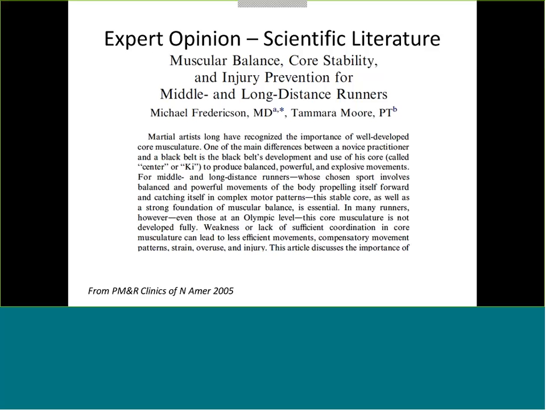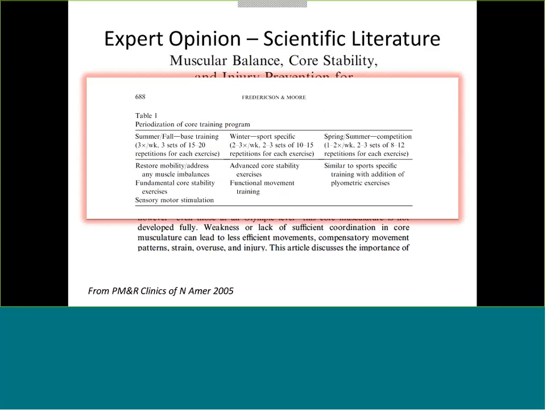He talks about the importance of core stability, and he says this stable core is essential. But in many runners, even those at elite levels, this core musculature is not developed fully. He says that weakness or lack of coordination may lead to less efficient movements, compensatory movement patterns, etc.